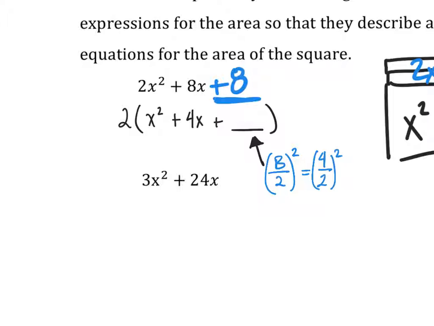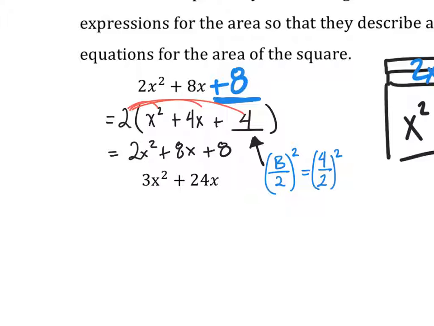What's 2 squared? 2 squared is 4. So that means that the number that goes in there is 4. And then to find out what the overall number is, we just multiply that 2 back through, which turns into 2x squared plus 8x plus 8. So look at that, hot dog. We got the same answer both times. So either one of those ways works.